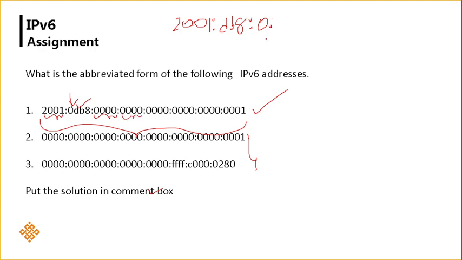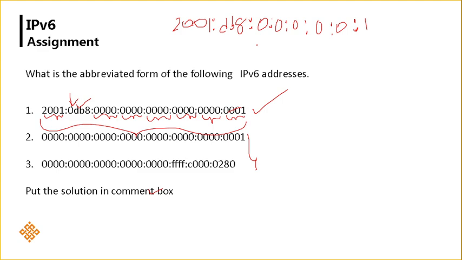Again continuous 4 zeros, so I will write 1 zero, colon. Again 4 zeros, single 0, colon. Again 4 zeros, single 0, colon. Continuous 4 zeros, again single 0, colon. And here there are 3 leading zeros, so I will omit them and just write 1.